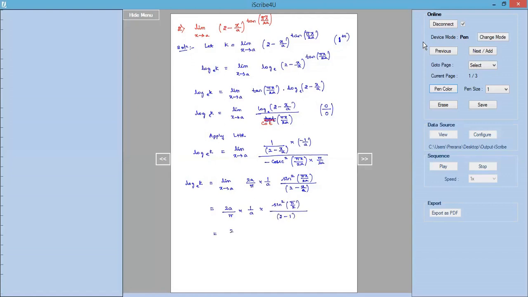We have 2 by pi into sine 90 is 1, 2 minus 1 is 1. So we obtain log k to the base e is 2 by pi. Taking anti-log on both sides, this is e power 2 by pi, which is the required evaluation of the given limit, that is limit as x tends to a, 2 minus x by a whole power tan of x by a.